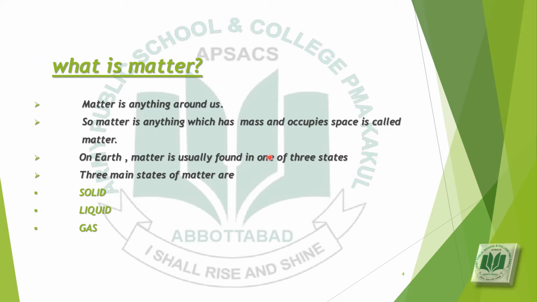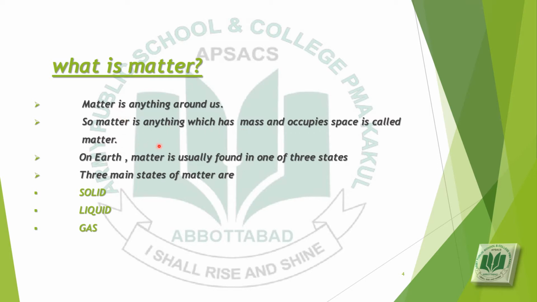So students, now here we are going to define the first point of our today's lecture. As we know, the name of chapter is States of Matter. So students, in this regard, we have to define the definition of matter. What is matter? Matter is anything around us. It means anything which is existing around us is called matter.